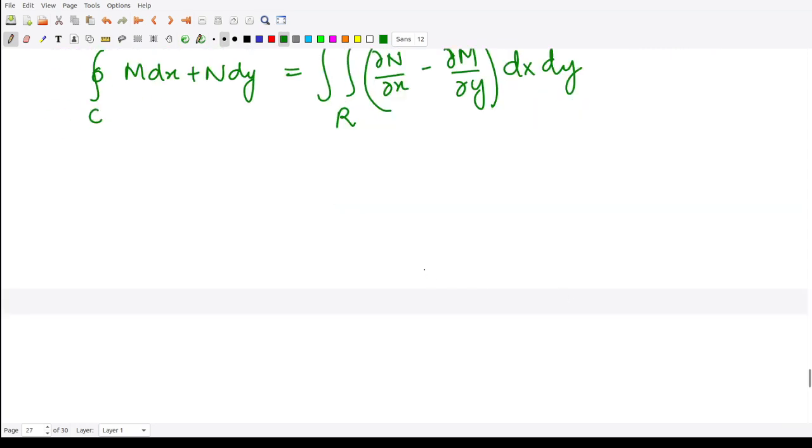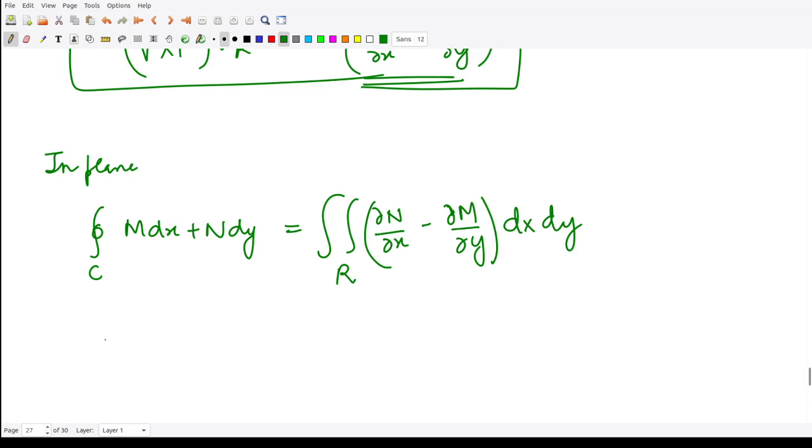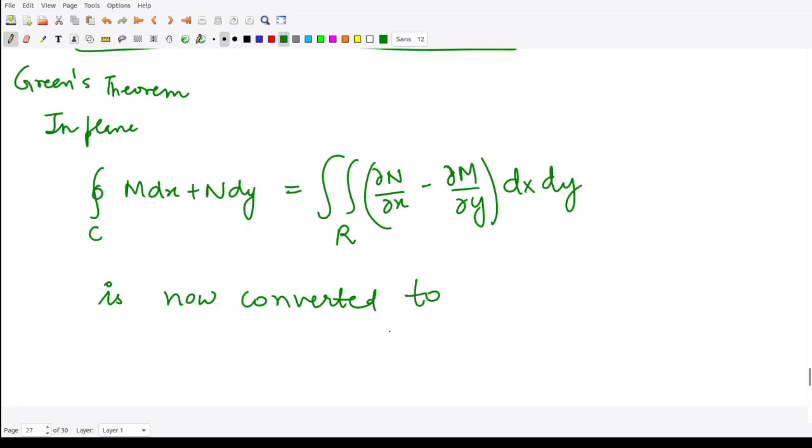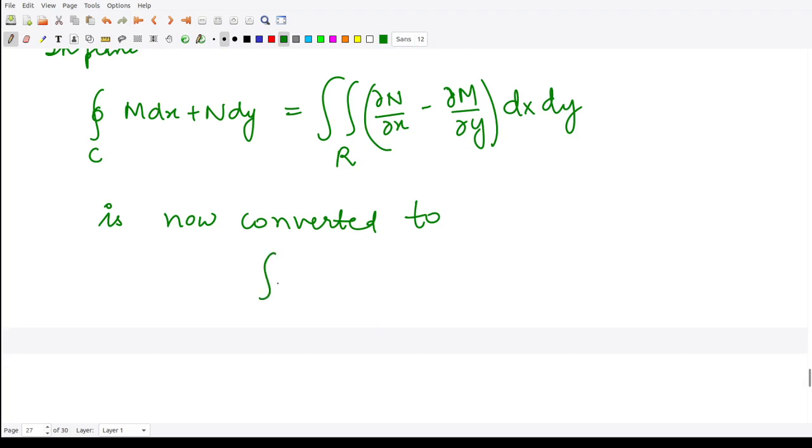This Green's theorem in plane is now converted to the integration over the closed curve C of this quantity.